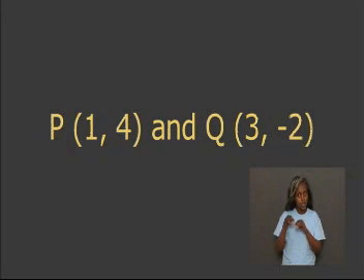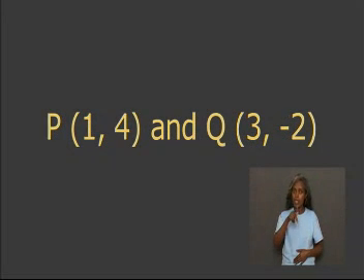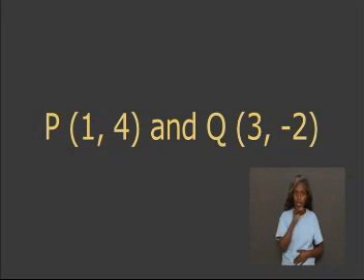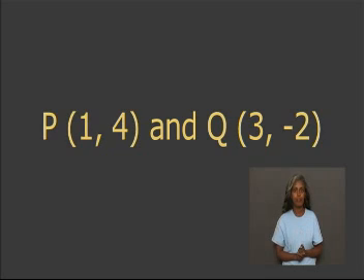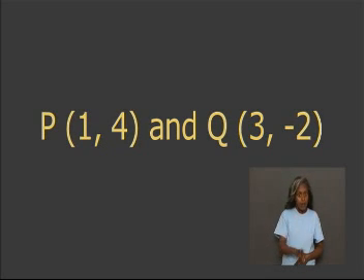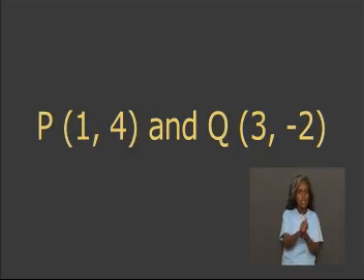Students, here are 2 points, P (1, 4) and Q (3, -2). Find the equation of a line passing through P and Q. Identify its slope and y-intercept.